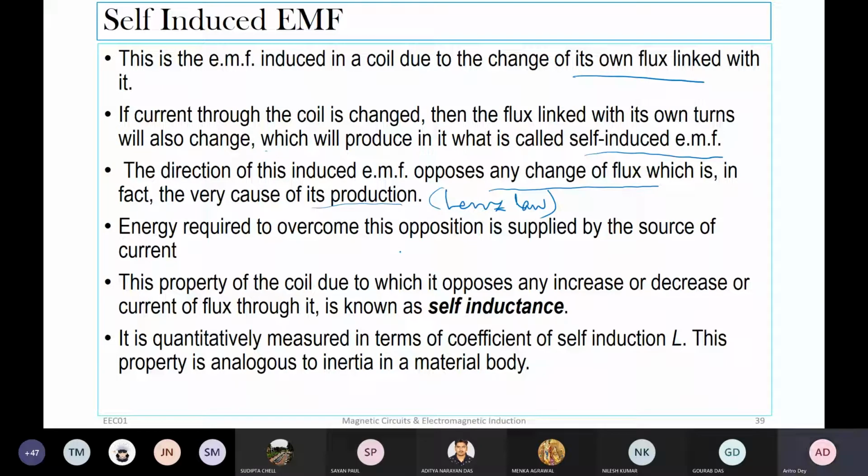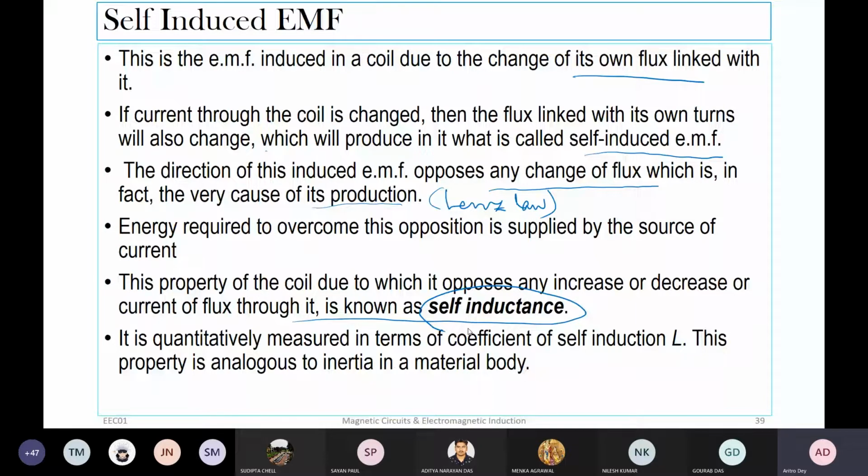This property of the coil, due to which it opposes any increase or decrease of the current or flux through it, is known as self-inductance. So inductance will try to oppose the cause of it, that means the flow of current.